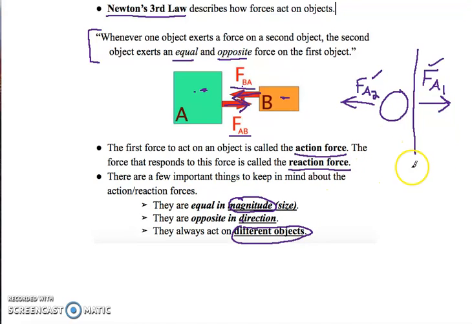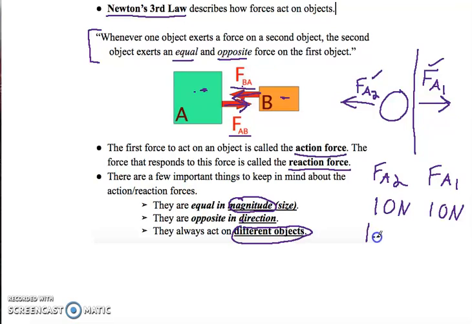Let's look at these two forces, the ball and the wall. FA2 is acting on the ball, and let's give it a sample value. Let's say it has 10 newtons. By Newton's third law, the other force, acting on the wall, is going to have the same size. They'll both have 10 newtons. But the difference is that they're going to be in opposite directions.